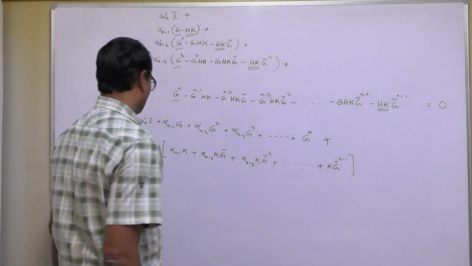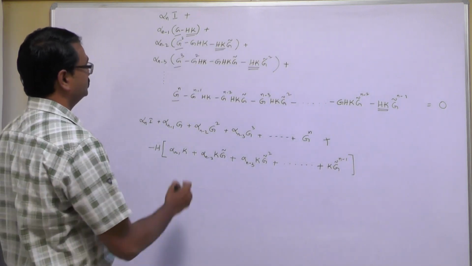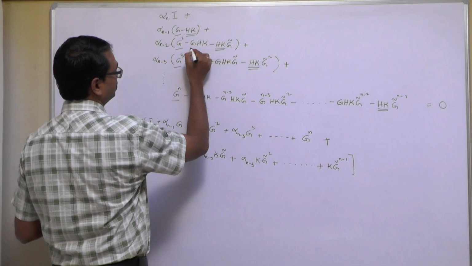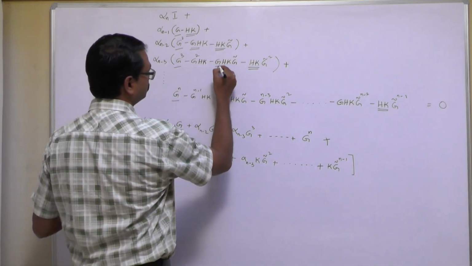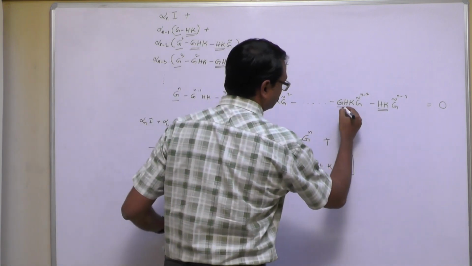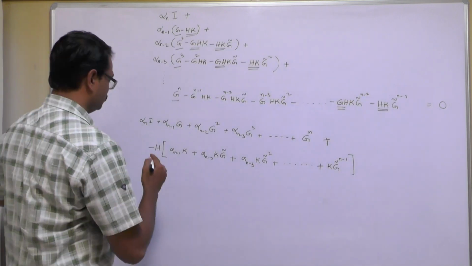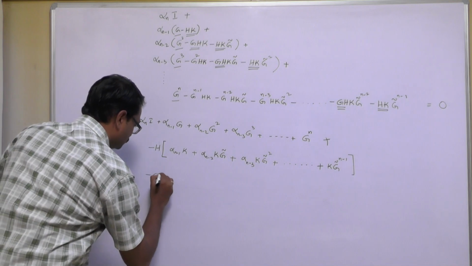This is minus H. Now consider GH terms. Wherever we have GH terms, coming from the last, you will be having GH terms. Minus GH.